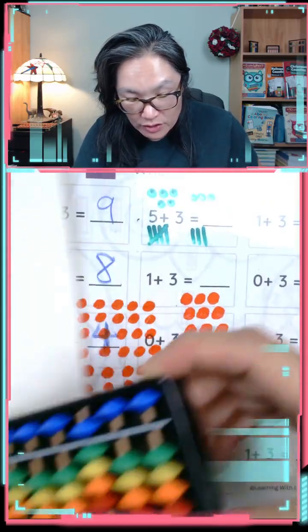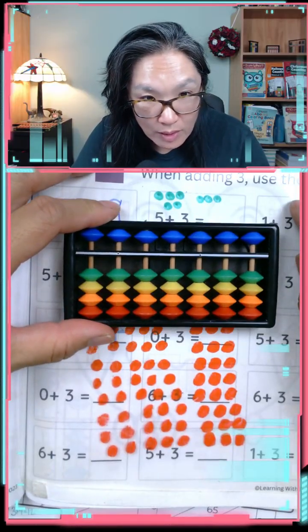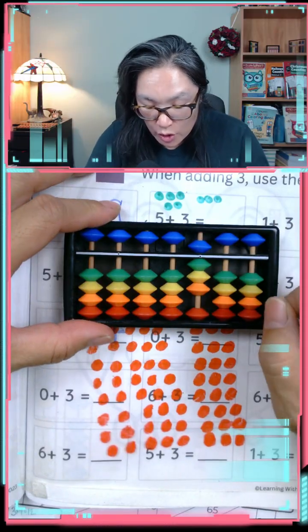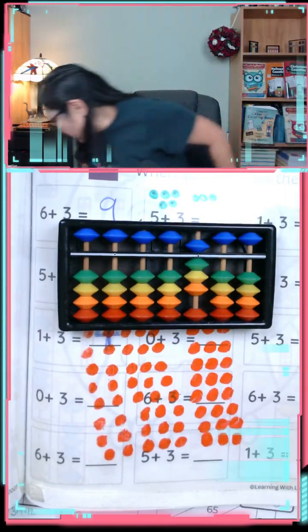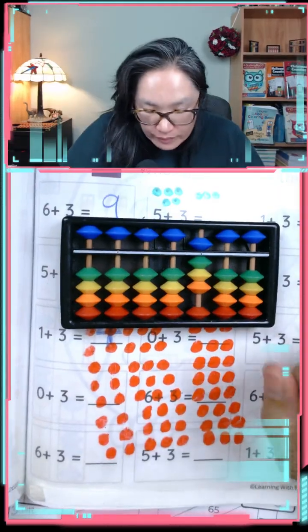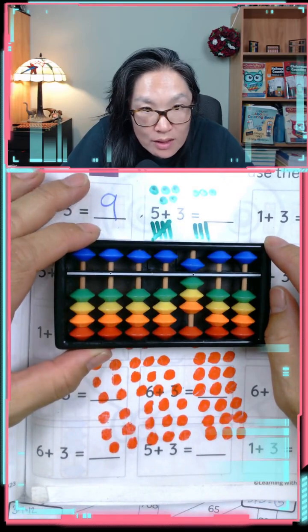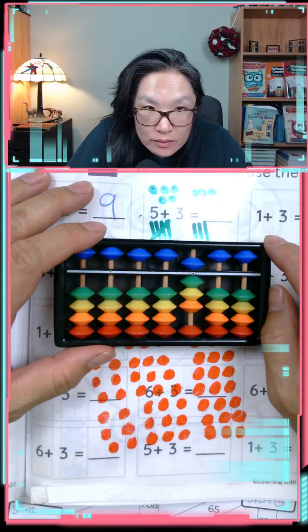So in mainstream, there's this thing where you can do dots. You could do dots, not a problem. So here's my question. 5 plus 3. You can now subitize. Subitizing means that if you look at the number, you know what it is. That's all it is. You can do it with the tally marks. That's cool too. Not a problem. But in Abacus world, what we can do is we can scale it. What does that mean?